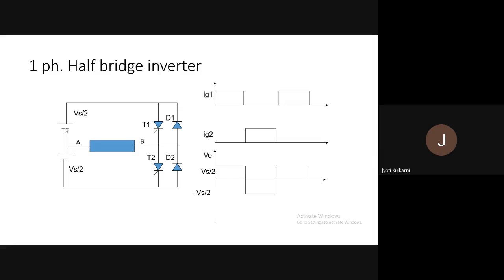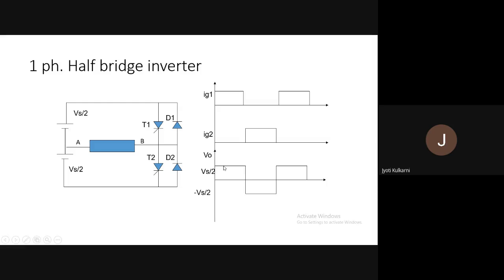So in this part, the current is flowing in the upper part of the circuit, from the upper battery to T1 to B to A. The current direction is clockwise, and in this direction the B terminal of the load is positive and the A terminal of the load is negative, because current is flowing through the load from B to A. So as B is positive and A is negative, Vs by 2 is connected such that the positive plate of the upper battery is connected to B and the negative plate is connected to terminal A.